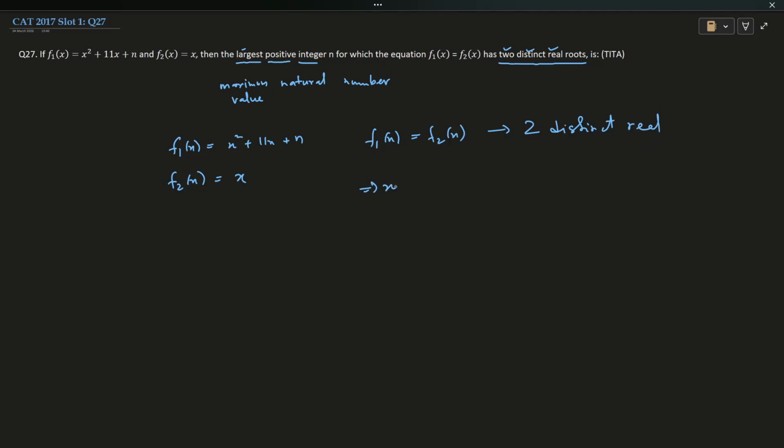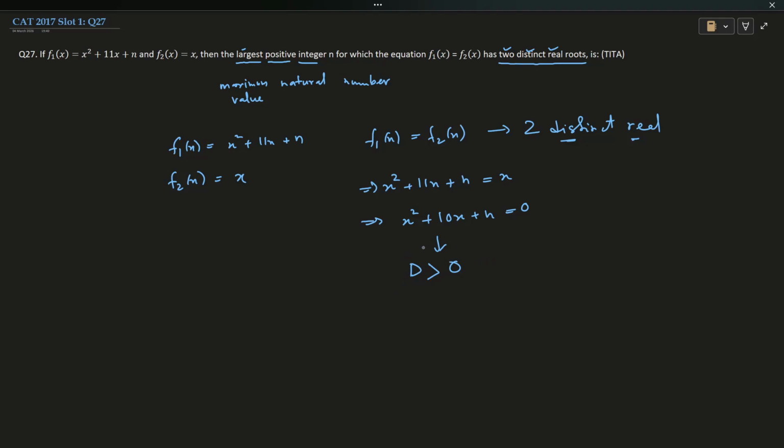That means x square plus 11x plus n is equal to x, or I can say x square plus 10x plus n equal to 0. This is a quadratic equation, and when you have two distinct real roots, distinct means different, real, then the discriminant should be greater than 0. When discriminant is greater than 0, the roots will be real as well as distinct.